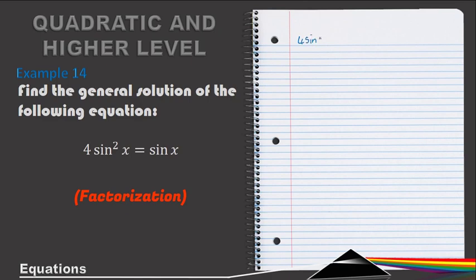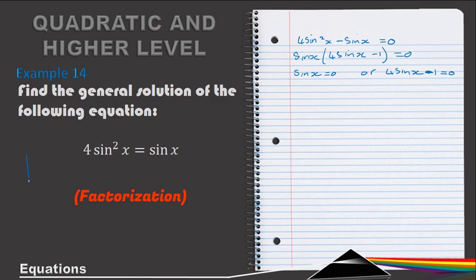So you have 4 sine squared x minus sine x equal to 0, and then all I'm going to do is factor out a sine x, and what's left is 4 sine x minus 1 equal to 0. Then I can say either sine x is equal to 0 or 4 sine x minus 1 is equal to 0. Now we can solve for these two independently.